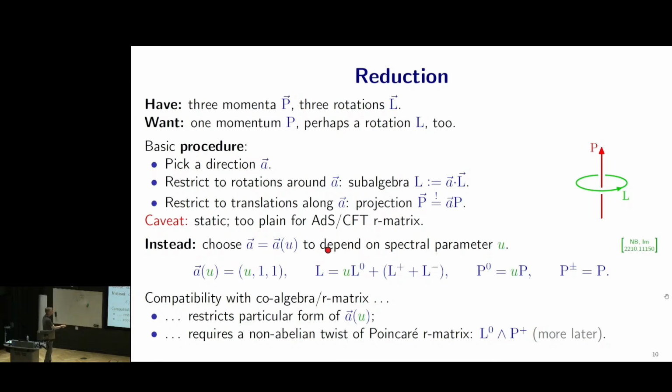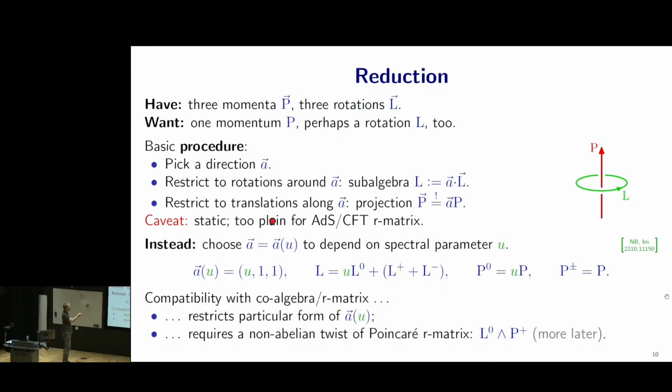If you choose this, then this direction of rotation would take this form, and the momentum vector would also take a particular form. They depend on the spectral parameter in the sense that u times L_0 would just mean the first loop level of the L_0 generator, and that really adds some new features into this algebra.